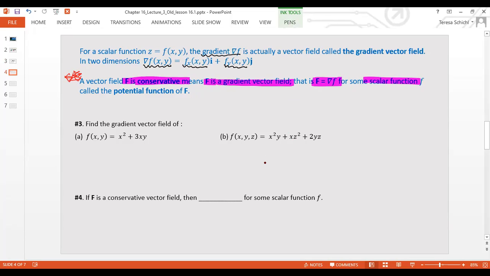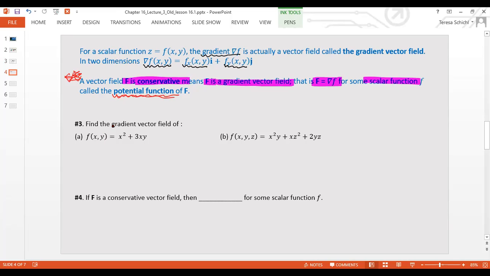Later we're going to talk about why conservative is so important, why it is good. So that means there is some scalar function f of x, y, and F is the gradient vector of this function. And this function f, the lowercase f, we call the potential function for F here.